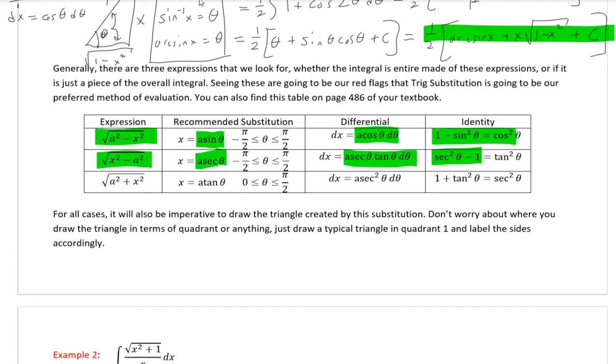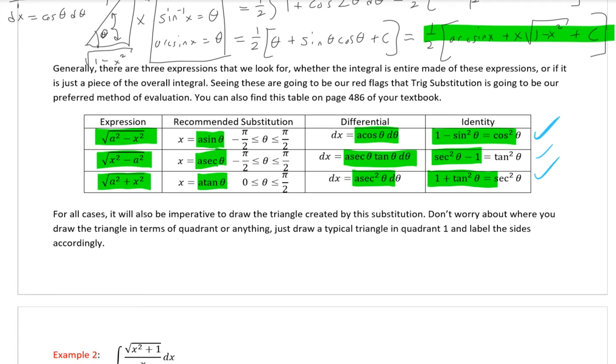And lastly, if we have a squared plus x squared, we could just use a tangent, where the differential is a secant squared, and then we have the identity 1 plus tangent squared. Notice that means we're using 2 identities. We're using 1 minus sine squared equals cosine squared, and we're using 1 plus tangent squared equals secant squared, or the other form of it. So we're only using 2 identities.